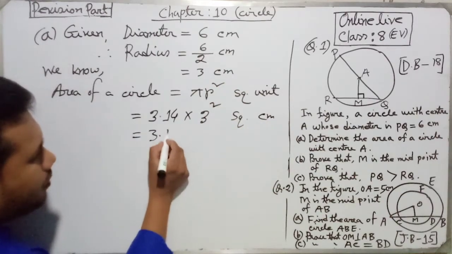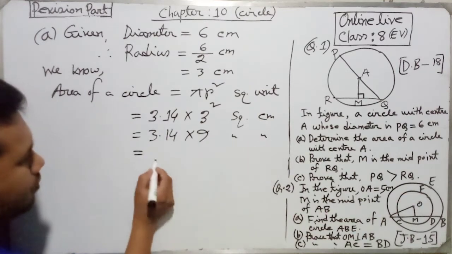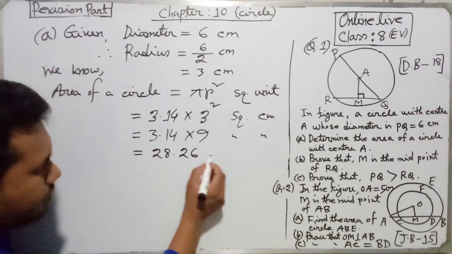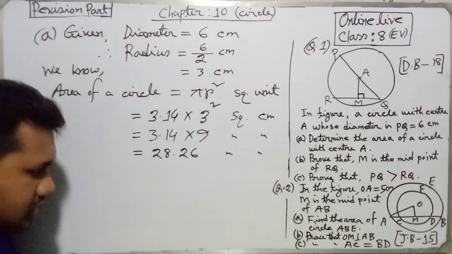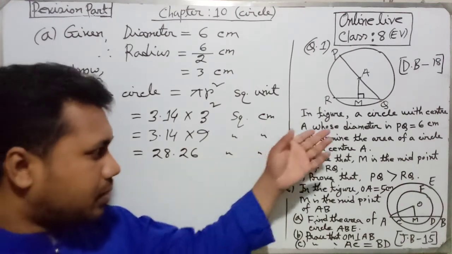Now this is 3.14 into 9 square centimeter, so it will be 28.26 square centimeter. So this is the answer of problem number A.